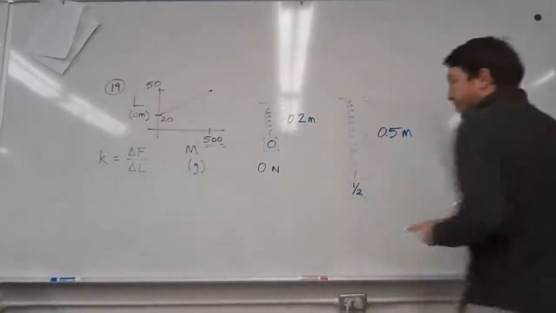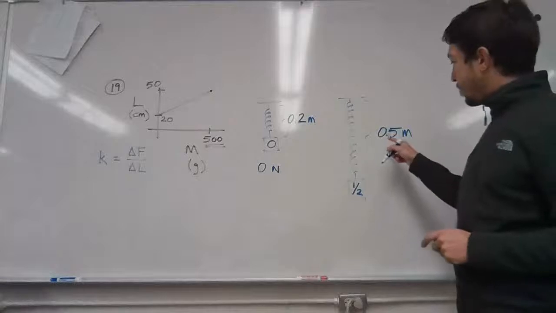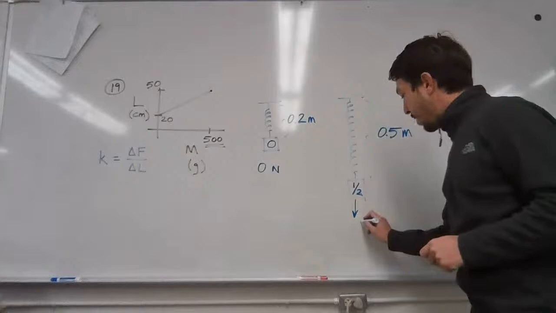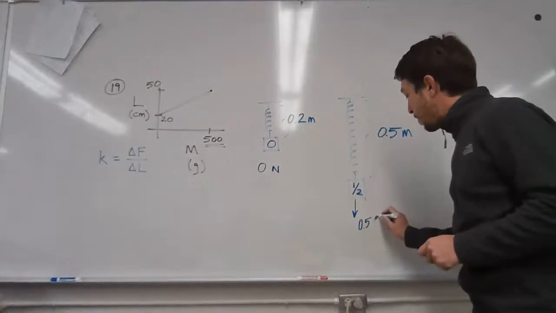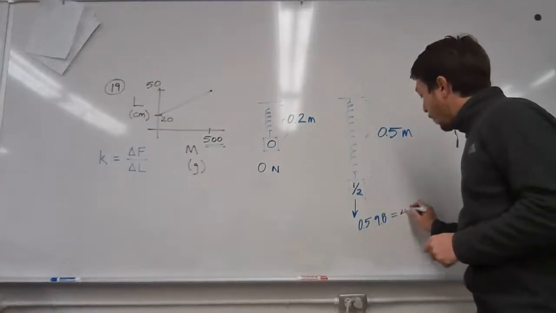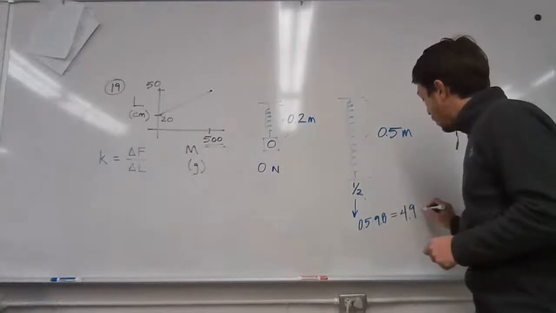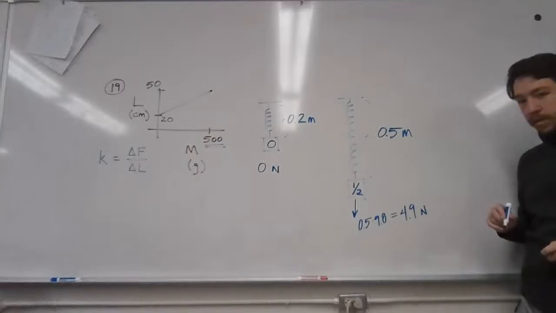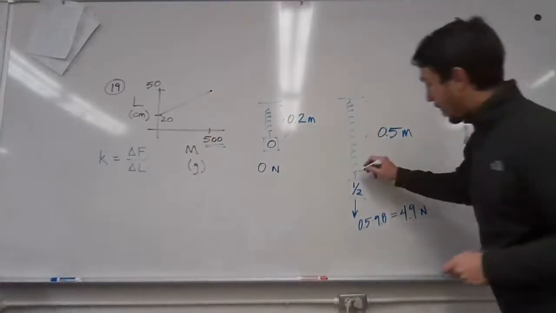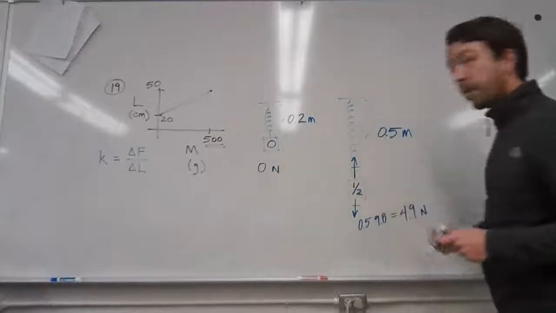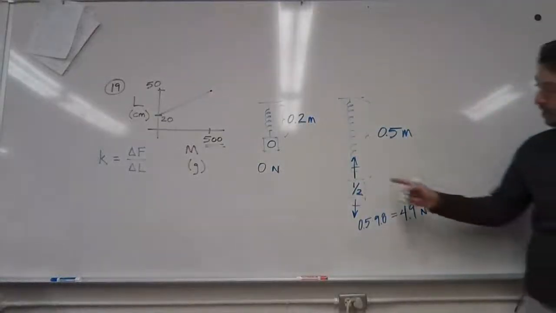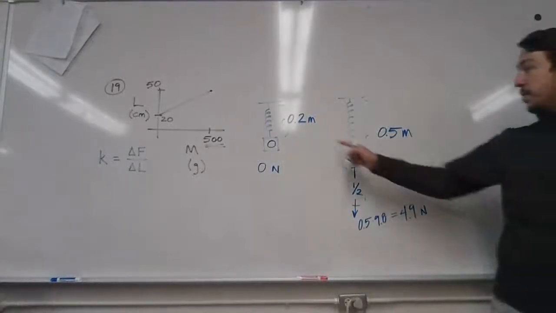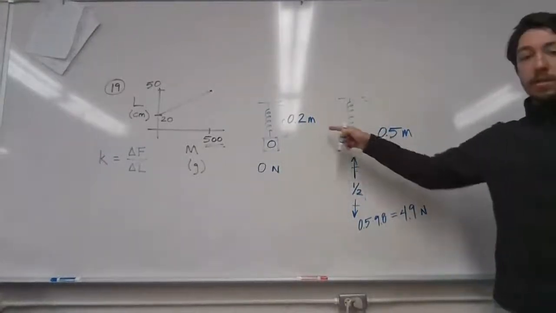And this guy right here, mg would be 0.5 times 9.8, which is 4.9 newtons. Everyone okay with that? So that's exactly how much force the spring was exerting as well. So the spring exerted an additional 4.9 newtons, and that corresponded to a change in length of 0.3 meters.